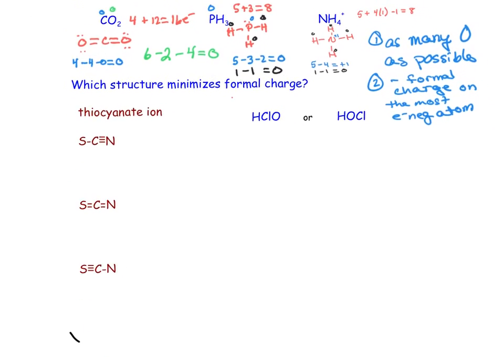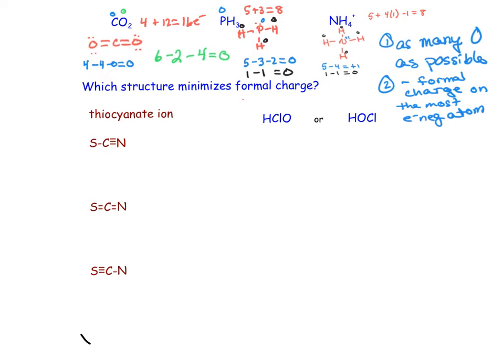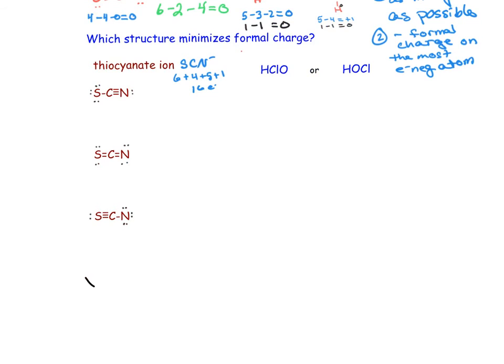So let's take a look at thiocyanate ion. Thiocyanate ion is SCN minus, so we end up with 6 plus 4 plus 5 plus 1, 16 electrons. So now I have a drawing that has all of the structural formulas with their lone pairs.